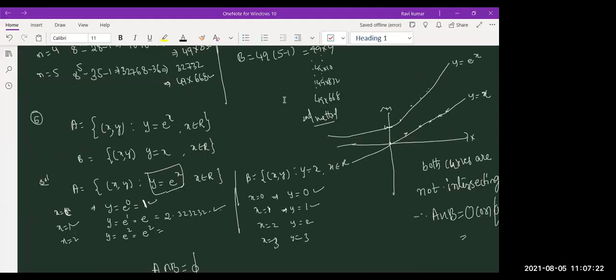In this class, how many ICSE students are there? Only one girl. How many CBSE students are there? Me, sir. What's your name?